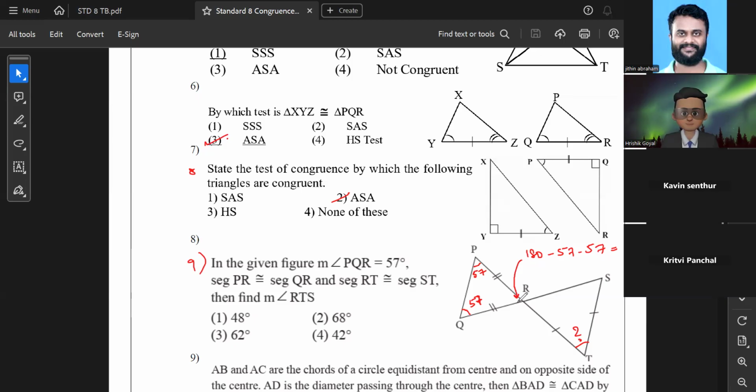If this is 66, then this will also be 66. Now consider this triangle, it's an isosceles triangle. Since these two sides are equal, if this is 66, this will also be 66. Then the remaining angle will be 180 minus 66 minus 66, which is 180 minus 132, that is 48.